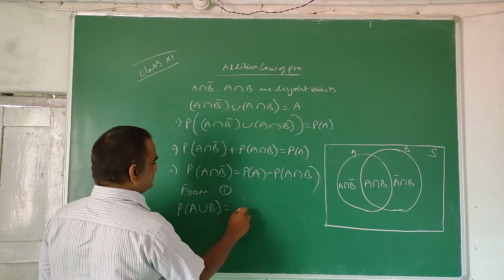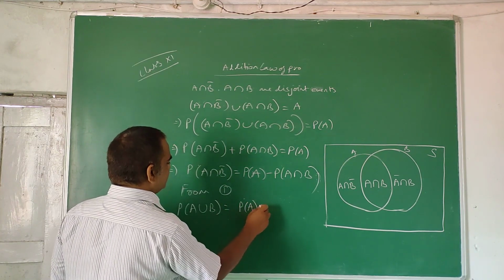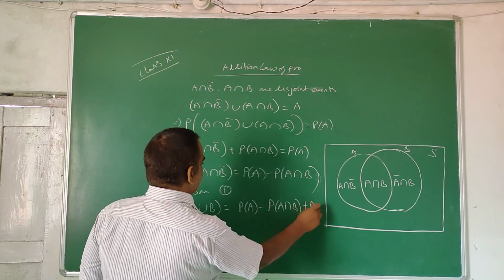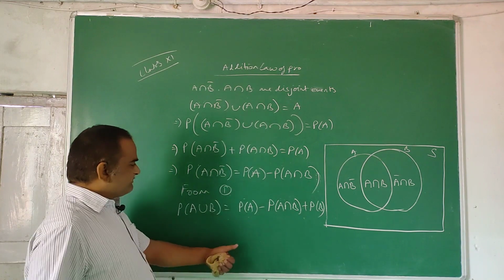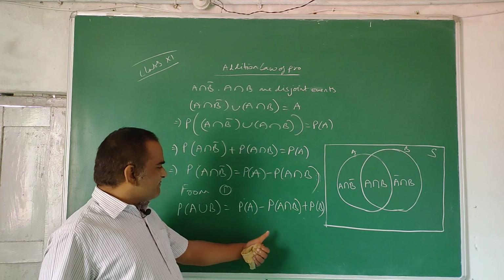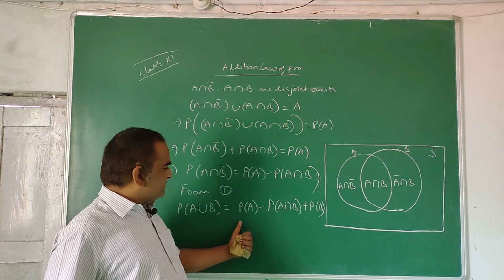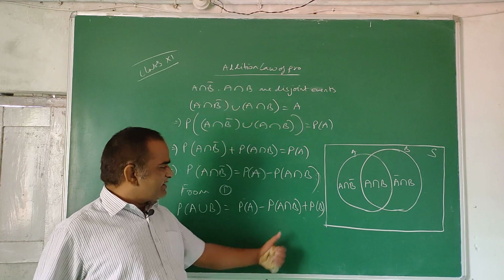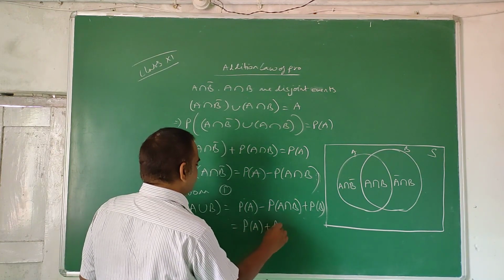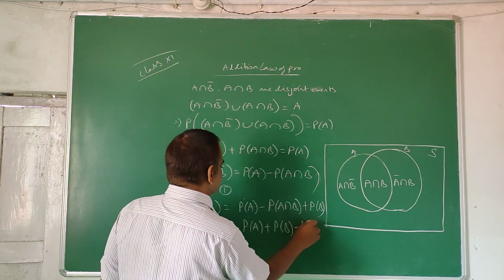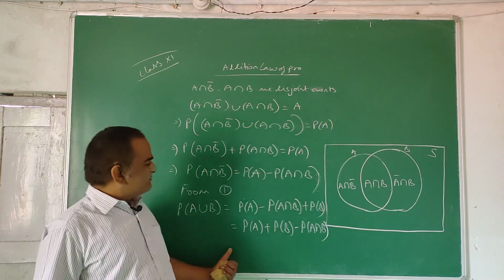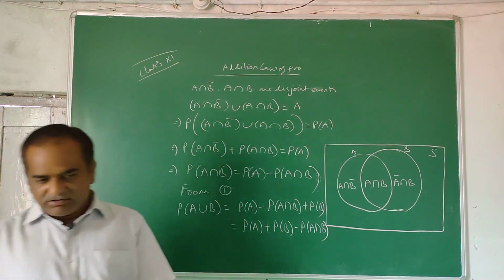That has to be replaced with P of A minus P of A intersection B. In equation 1, P of A union B is equal to P of A intersection B complement plus P of B, and P of A intersection B complement I have replaced with P of A minus P of A intersection B, plus P of B. So P of A plus P of B minus P of A intersection B. Hence the addition law of probability is proved. Understood?